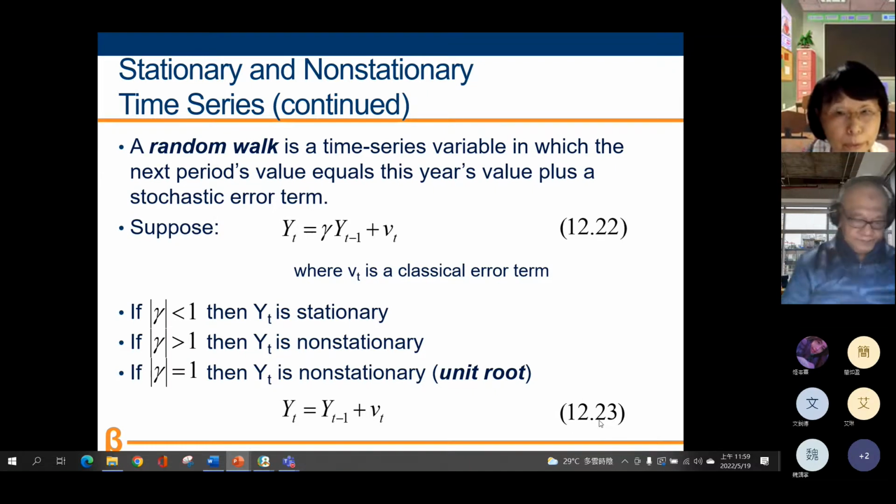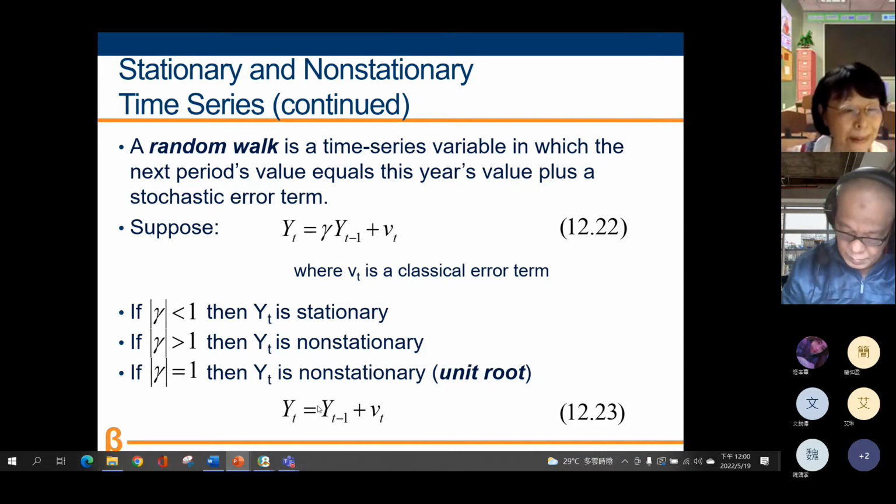So equation 12.23, if we do have this relationship between yt and yt minus 1, is what we say is the random walk.